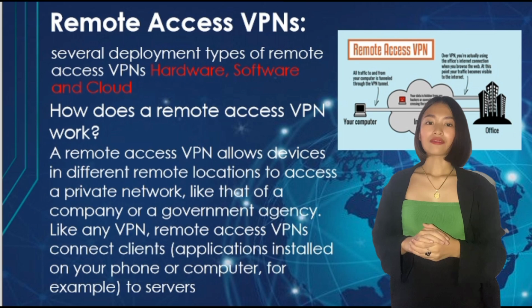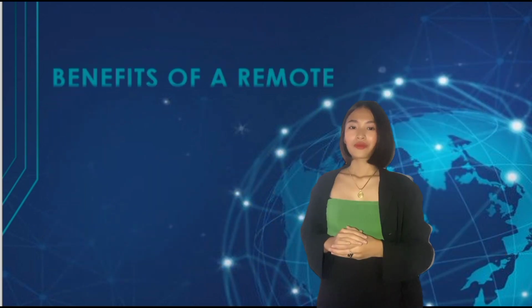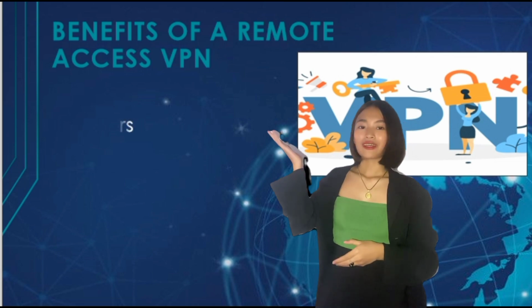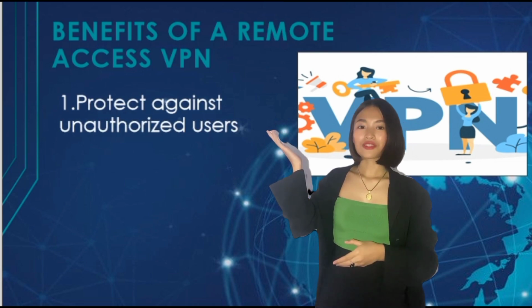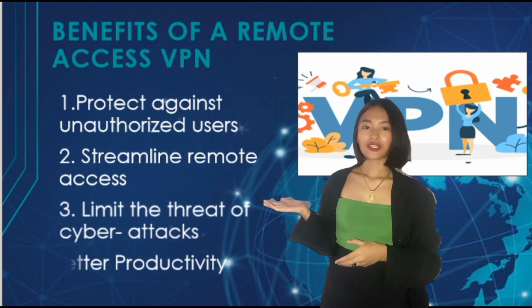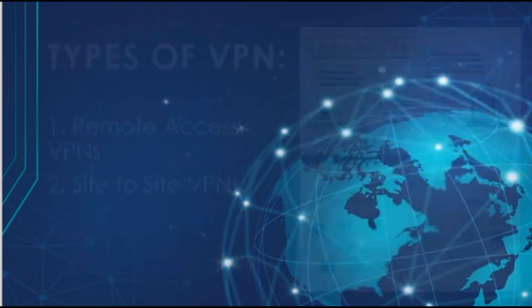Like other VPNs, remote access VPNs function by creating a secure tunnel between the client and the server, allowing users to connect and transmit data securely. With a remote access VPN, you can protect against unauthorized users, streamline remote access, limit the threat of cyber attacks, and boost productivity.